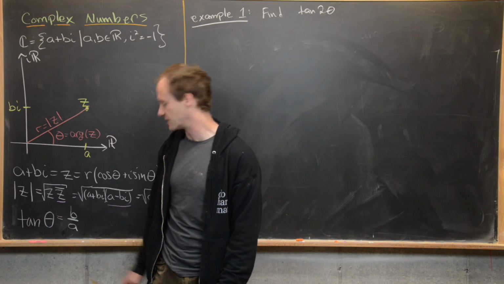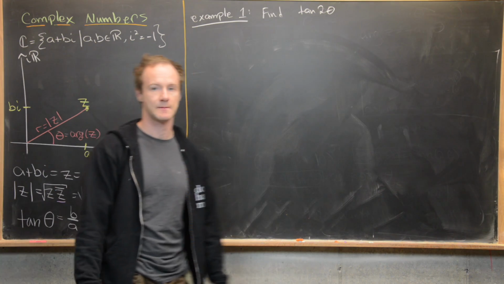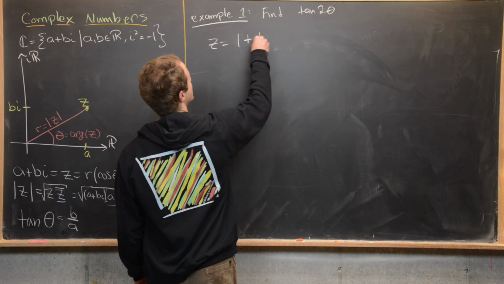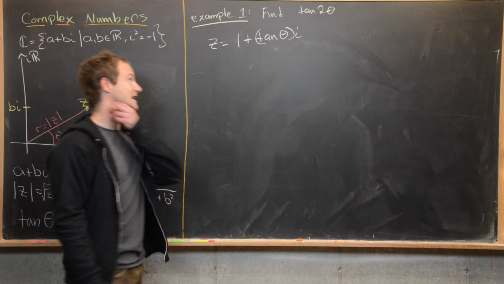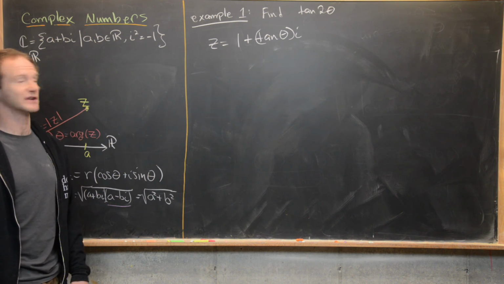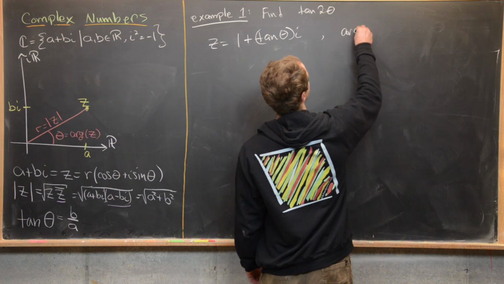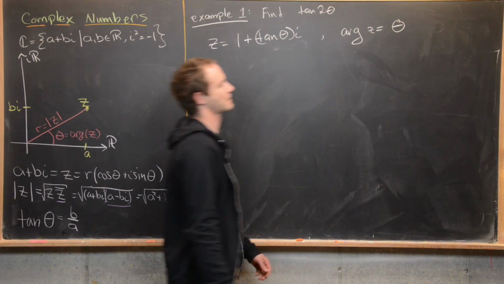We know tangent of theta, in other words, tangent of the argument, is equal to b over a. So we might as well set z equal to 1 plus tangent theta times i. In other words, a is being played by 1 and b is being played by tangent of theta. Under this setup, we can say that the argument of z is equal to theta.